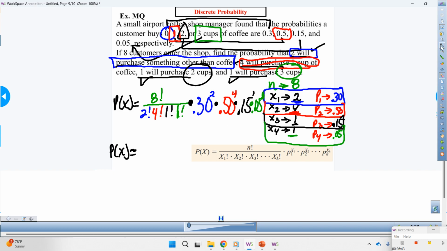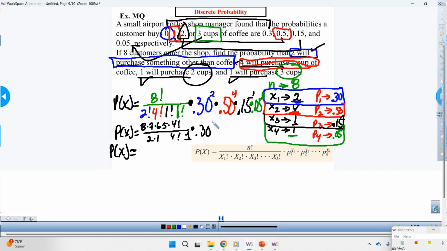Okay, well, let's see what the numbers are really quick. You should have written 8 factorial would be 8 times 7 times 6 times 5 times 4 factorial over 4 factorial. And then 2 factorial is 2 times 1, 1 factorial and 1 factorial is just 1. Times 0.30 squared times 0.50 to the 4th times 0.15 times 0.05.